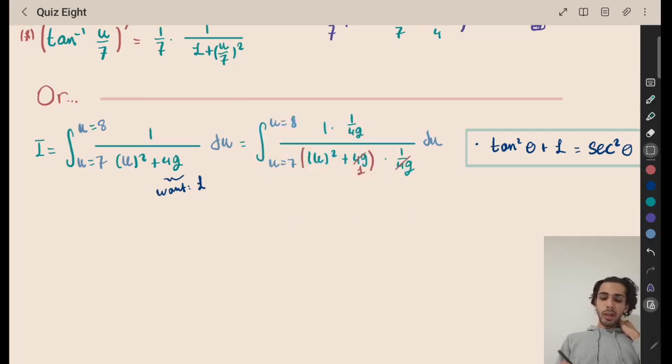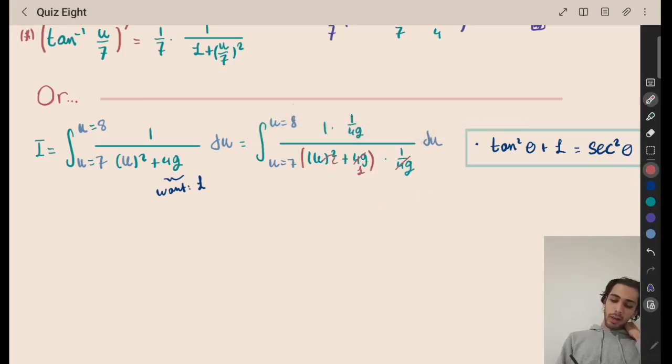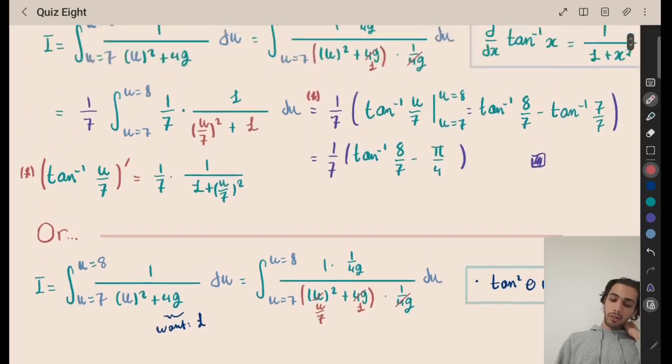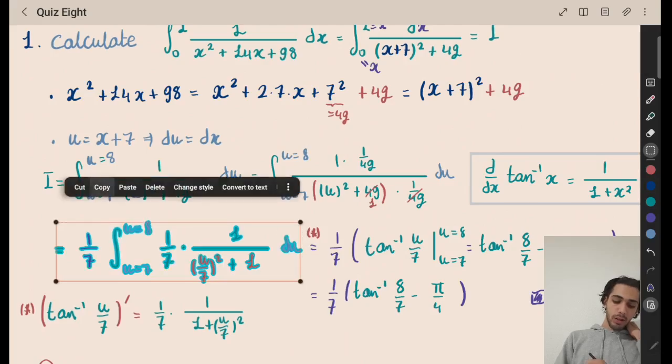And so I multiply by 1 over 49 upstairs and downstairs. I take the 1 over 49 outside, and here I get my 1, and there I get my u over 7 inside the square. So this is inside the square. We've clarified why this is true. So we would get something that looks like this.